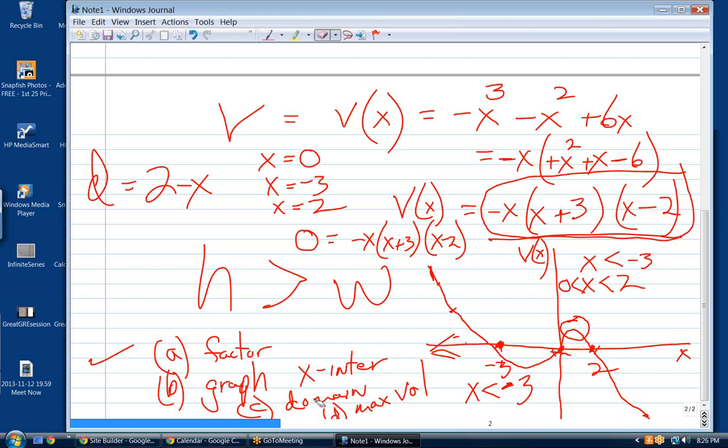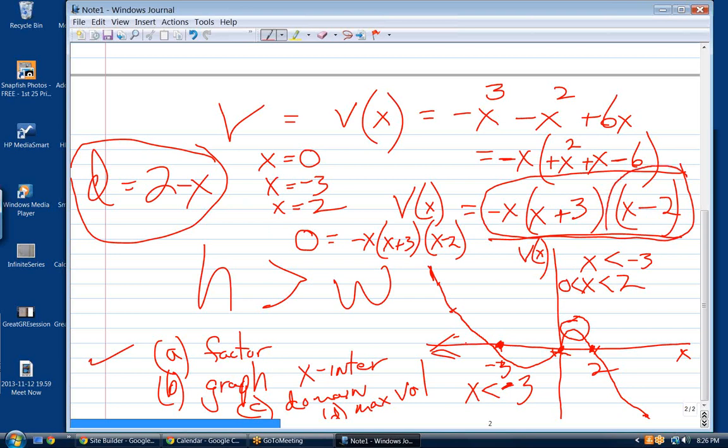I'm slightly confused by this problem because this is interesting. The depth is equal to 2 minus x. Well, we have an x minus 2. So we could say that the negative of x minus 2 is 2 minus x.